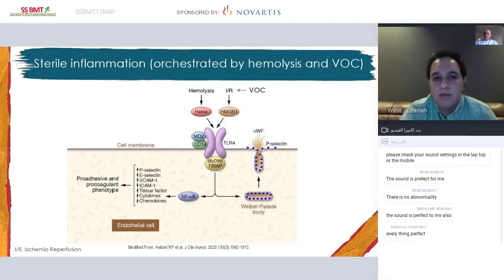So the other important pathway is the inflammatory pathway, or the sterile inflammation. And inflammation in sickle cell is really an end product of both vaso-occlusion and the chronic hemolysis.